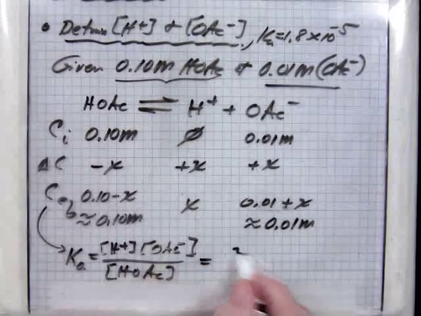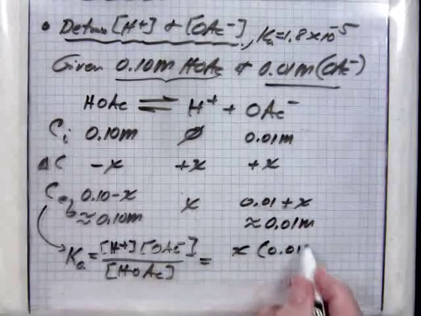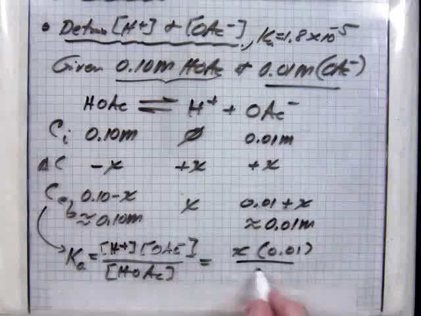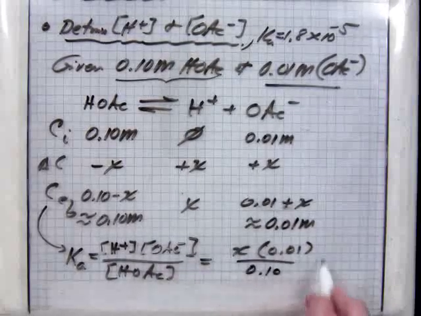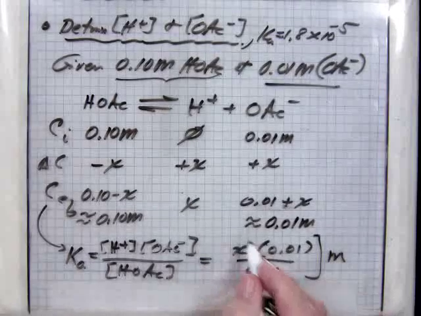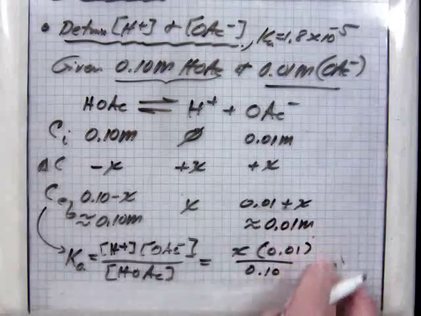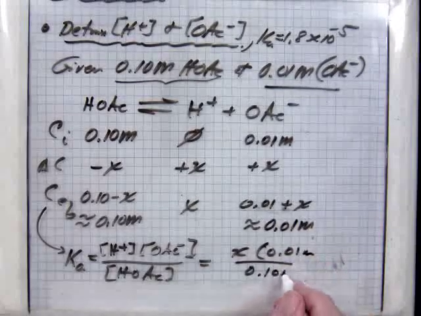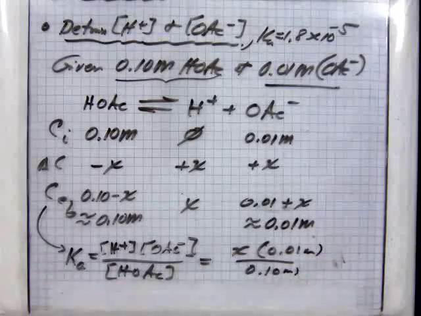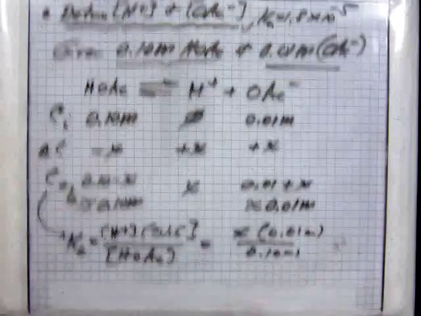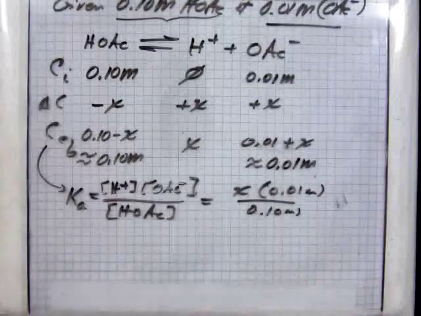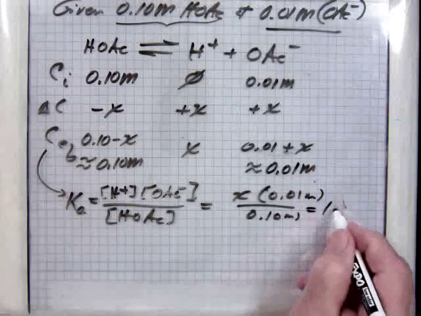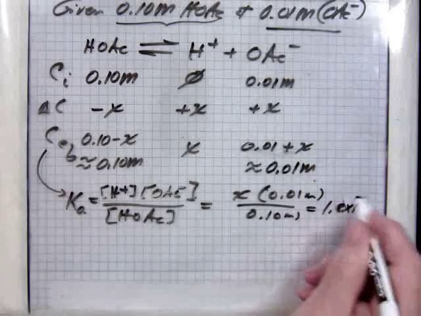And so that's x times 0.01. So you can't go x times x here. And so that is divided by 0.10, and equals 1.8 times 10 to the minus 5.